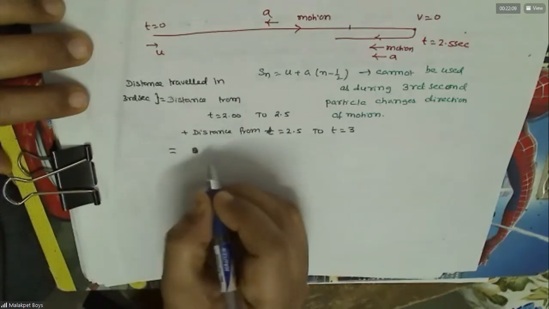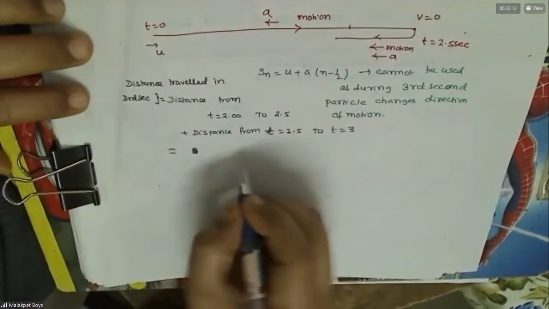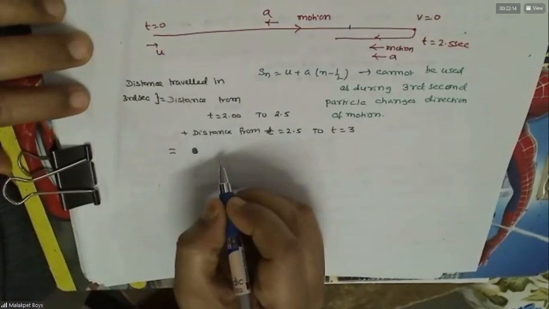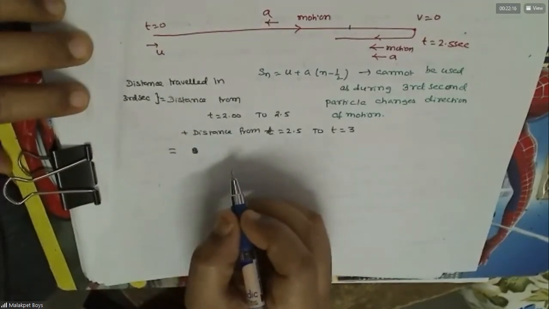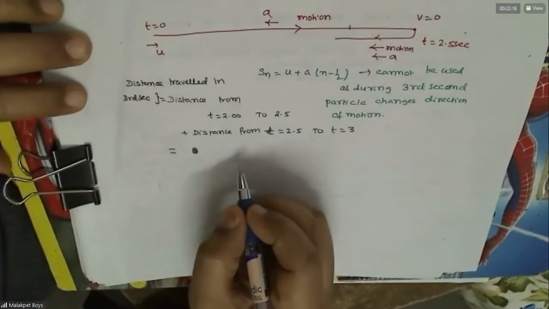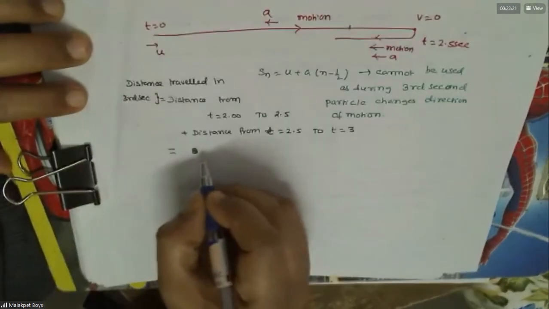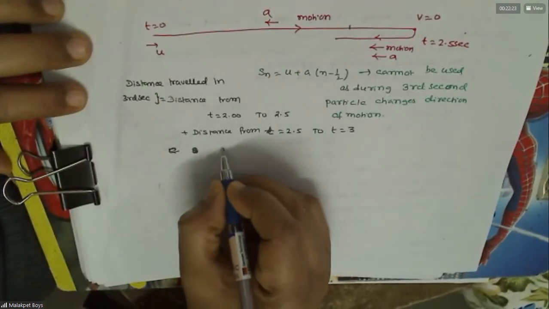Distance from 2 to 2.5 now. How will you get this? We can use, at 2 seconds, yes, sir.